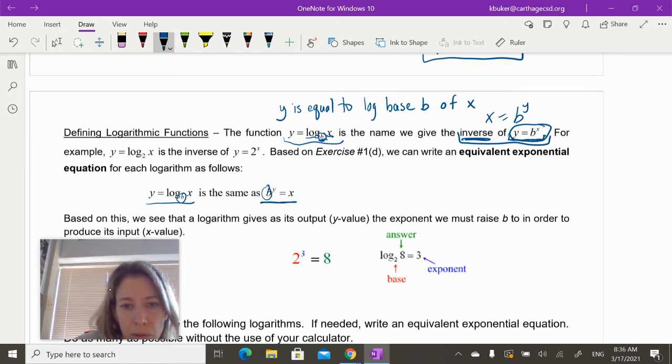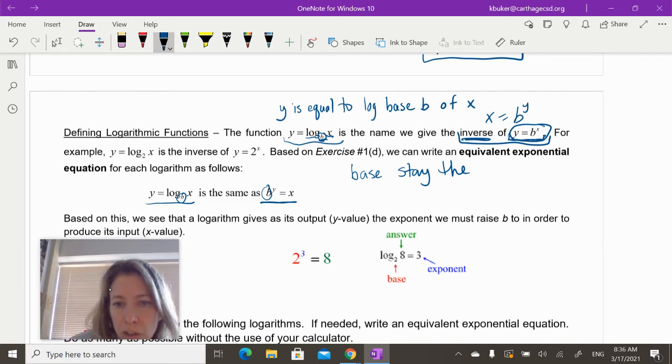When you're converting from one to the other, the base stays the same. They're in different locations: the log base is down here, and the base of an exponent, we should be familiar with where that is. So the base stays the same. Now what we're basically doing is the input and output switch. So we switch the input and output.